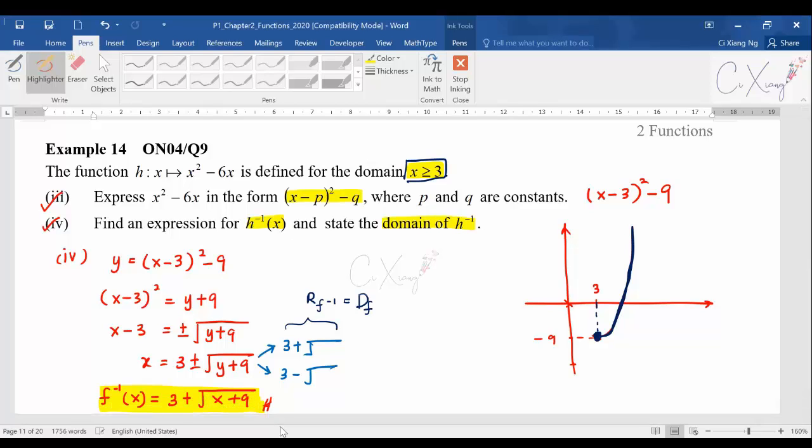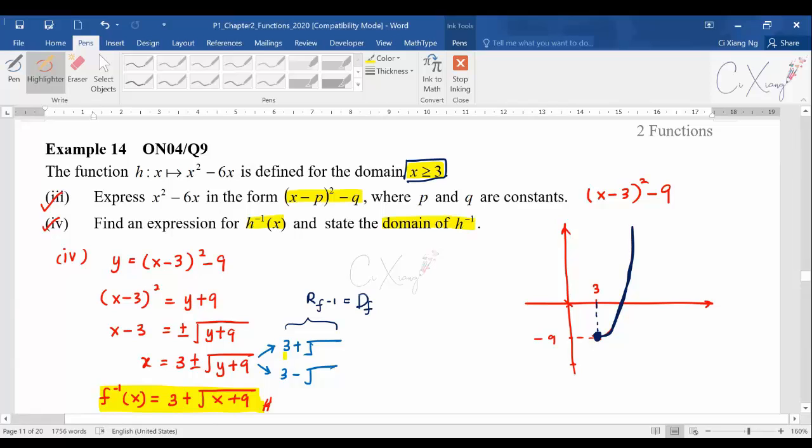Okay, understand what I said or not? There are a lot of small details here that you need to know. To choose the range of the inverse function, you need to refer back to the domain of the function, whether you should choose the plus one or the negative one for the quadratic inverse. You use the idea that the range of the inverse function equals the domain of the function.